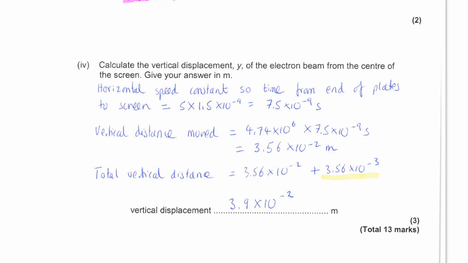So we multiply that vertical velocity by the time of flight to give the distance travelled between the plates and the screen. Finally, to get the total vertical distance, we need to add on the smaller vertical distance that the electron moved whilst travelling between the metal plates. Combining these leads us to an answer of 3.9 times 10 to the minus 2 metres.